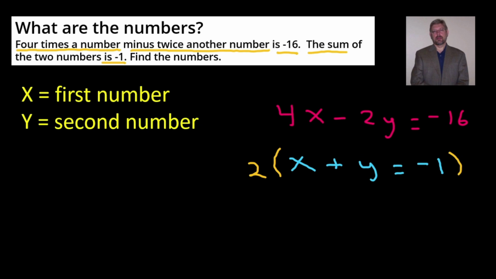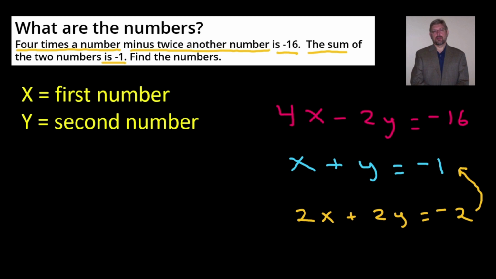And I come up with a new equation of 2x plus 2y is equal to negative 2. And we could do this because I'm multiplying both the left side and the right side of the equation by 2. And we know that when we do this, it's the same equation, it just looks different. So that's the same equation.